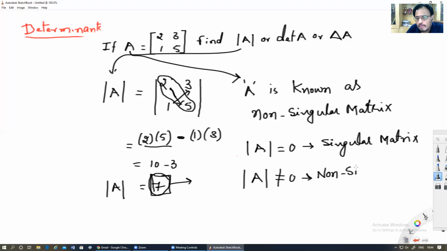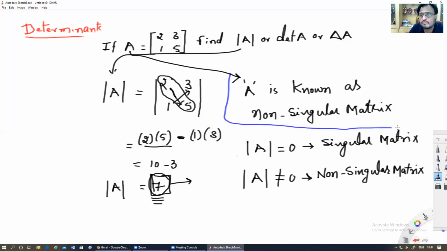The order may be 2 by 2, 3 by 3, 4 by 4 and n by n. So here the determinant is not equal to 0, therefore the given matrix is a non-singular matrix.